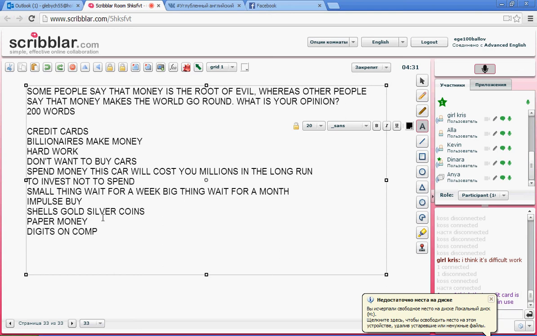What is your opinion? Okay, let me check. Some people say that money is the root of evil, whereas other people say that money makes the world go round. What is your opinion?